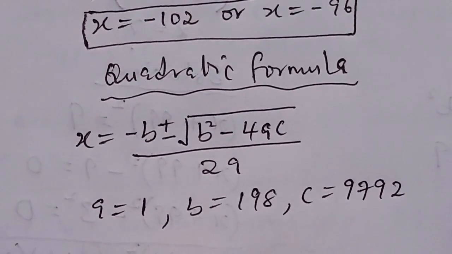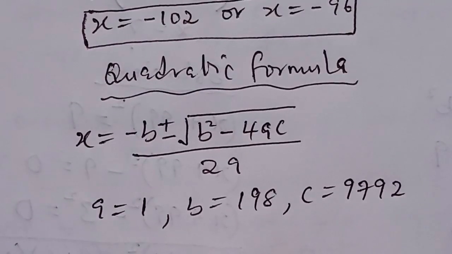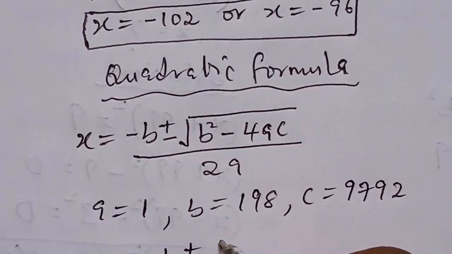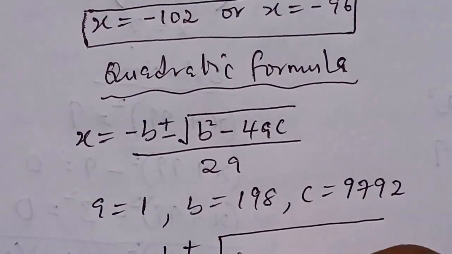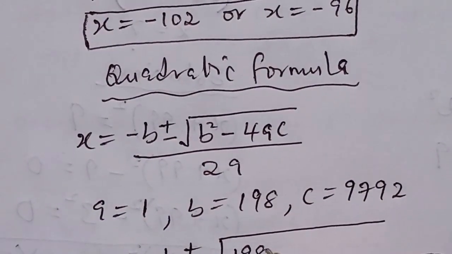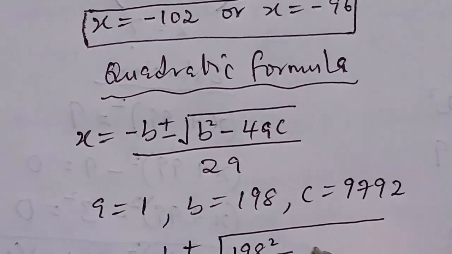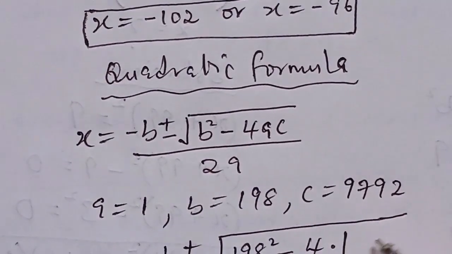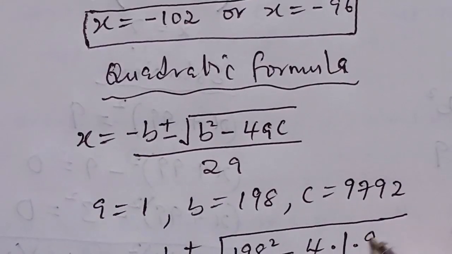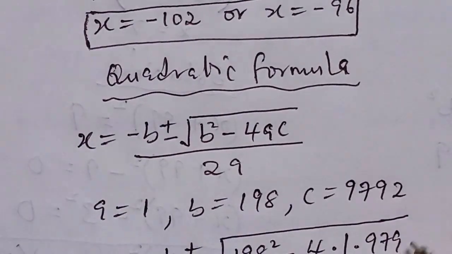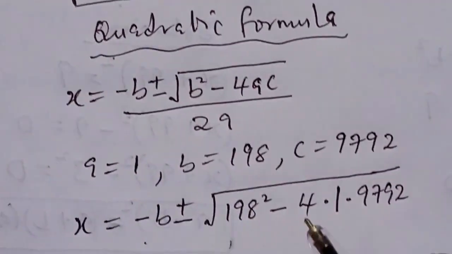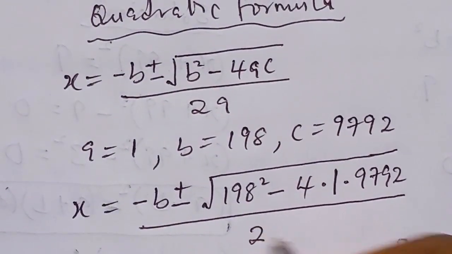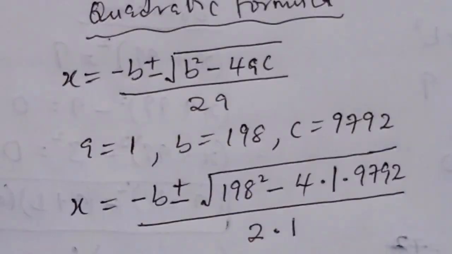We have x to be equal to minus b plus or minus square root of 198 squared minus 4 multiplied by 1, then multiplied by c, which is 9792. We have all this over 2 multiplied by 1, which is the a.